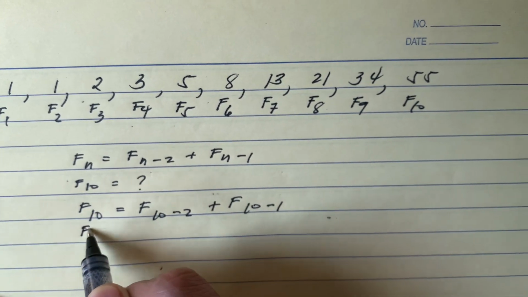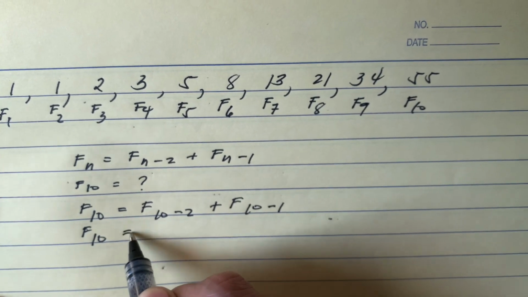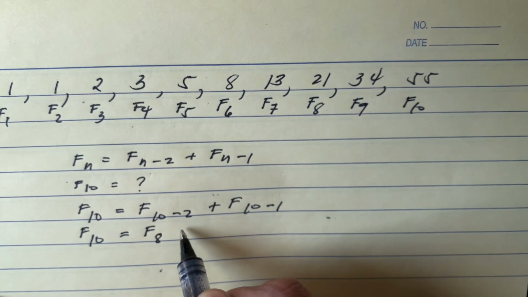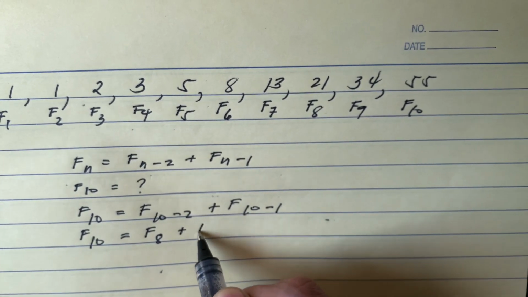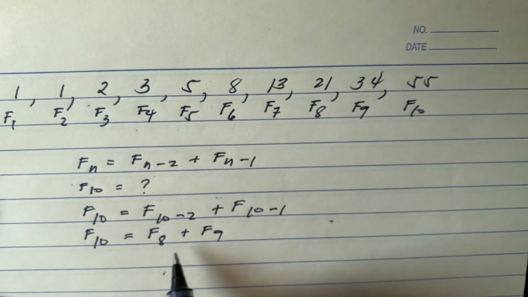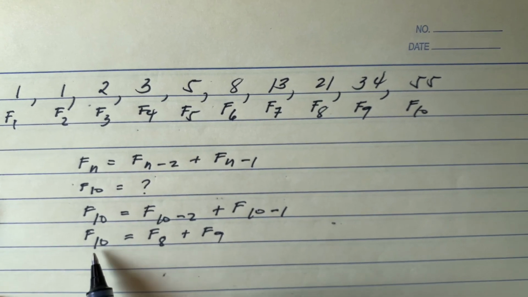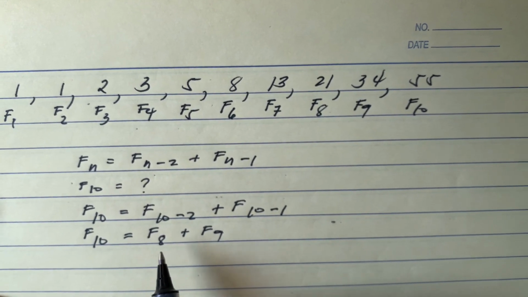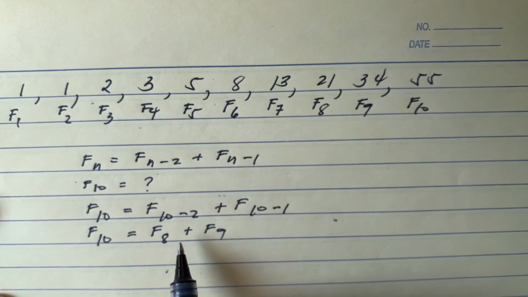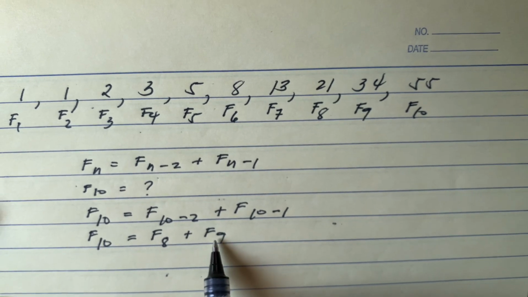So now our 10th Fibonacci number will be the sum of the 8th element and the 9th element, which means to say that we can find out our 10th Fibonacci number by simply adding the two elements of the given sequence, which are the 8th element and the 9th element.